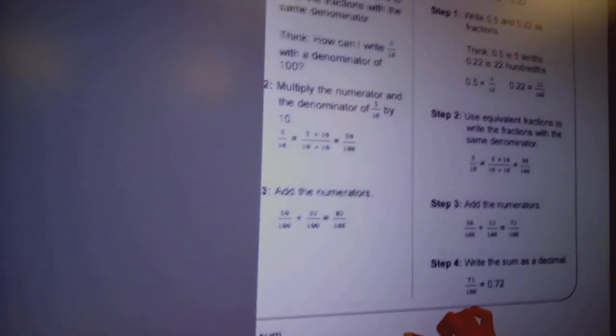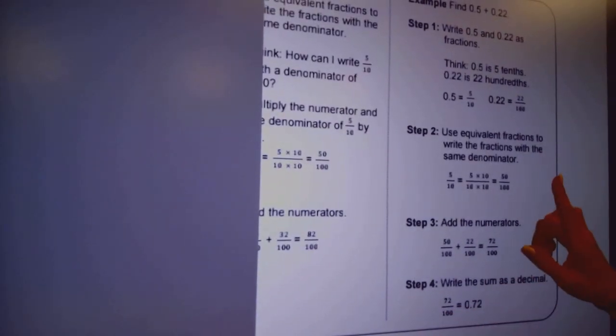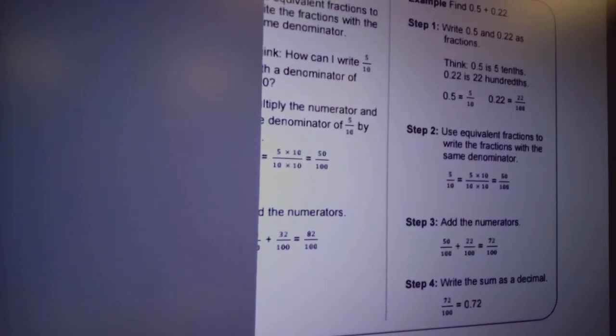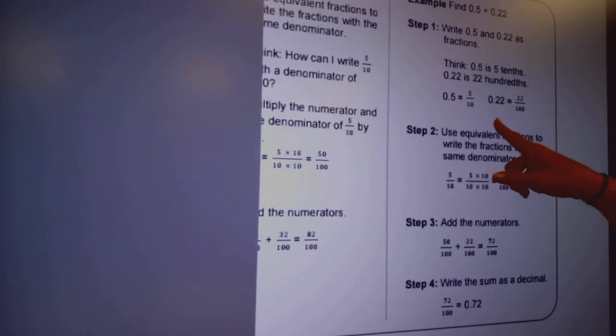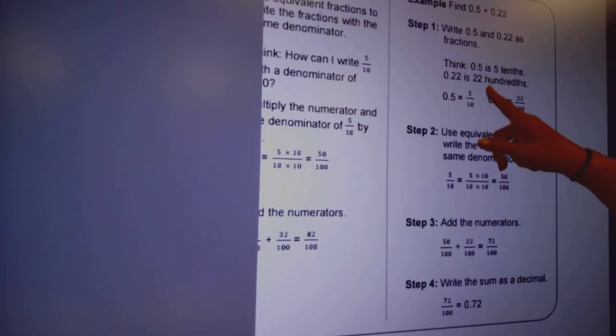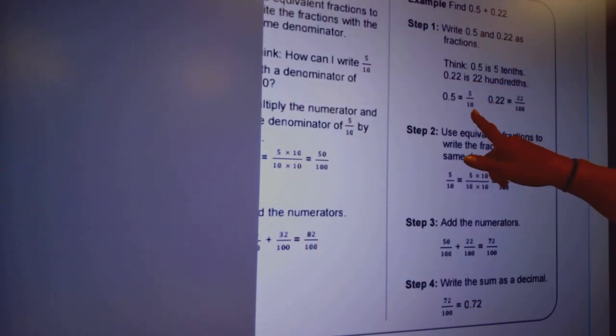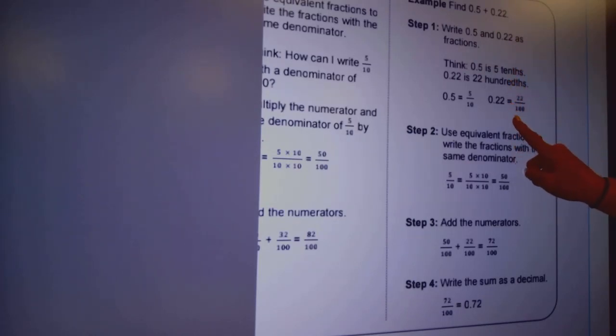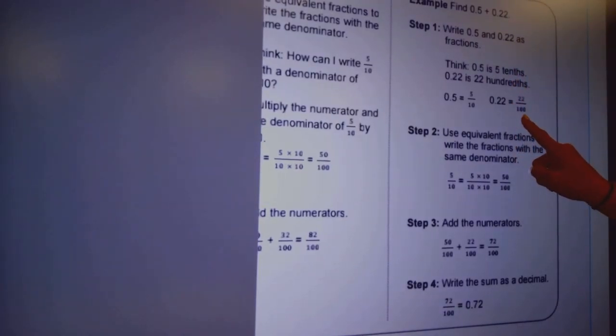So when we're thinking about tenths and hundredths in decimal form, we could change them into fractions. So we know that 0.5 looks like 5/10. And we know that 0.22 looks like 22 hundredths.